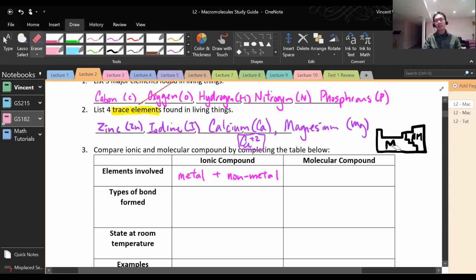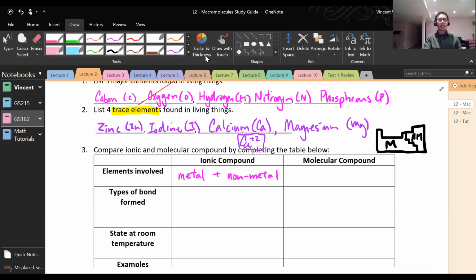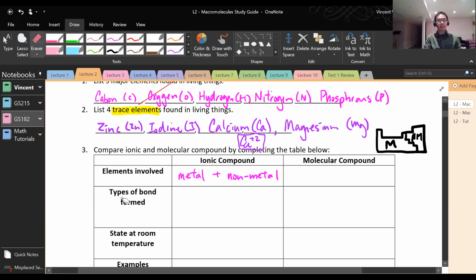So if you take something that is in the metal area and then you chemically combine it with a non-metal, that's how we get ionic compound. The type of bond that you form as a result of this is an ionic bond, which is easy to remember because it's the same as the compound name, right?